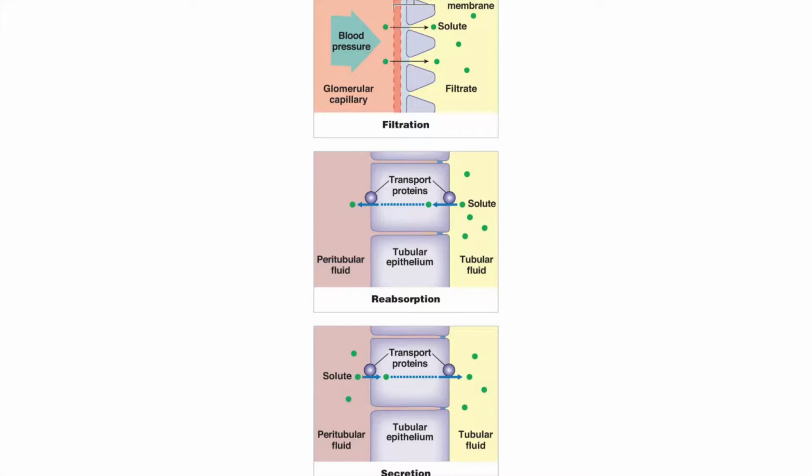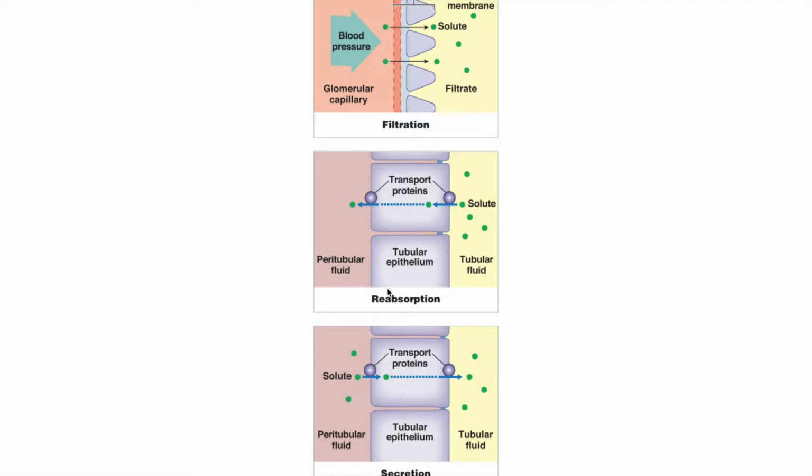Three organic wastes that are excreted are urea, creatinine, and uric acid. And the three processes that occur: first one is filtration. Blood pressure forces water and solutes across the membranes of the glomerular capillaries and into the capsular space.